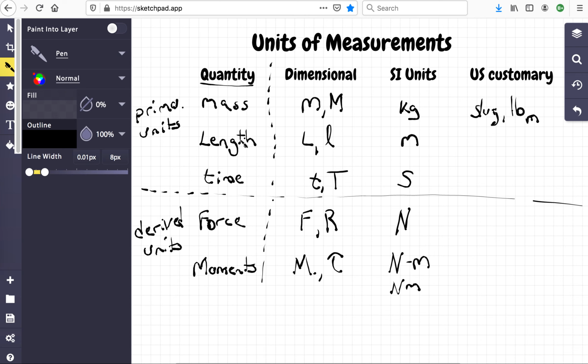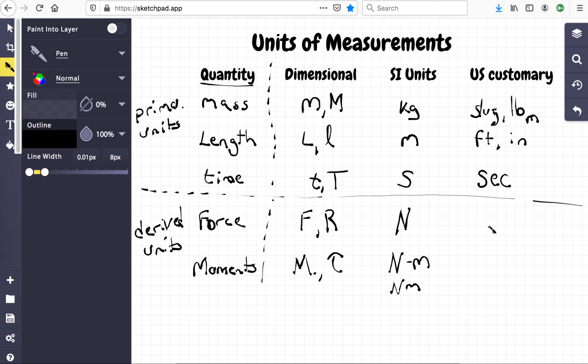So further on down, we have length, which we'll see as a foot or an inch. Sometimes you'll see some others, but foot and inch for the US customary for the quantity length. And time is still in seconds, but you would write sec as a standard way to write seconds, for a dimension t and the quantity of time.